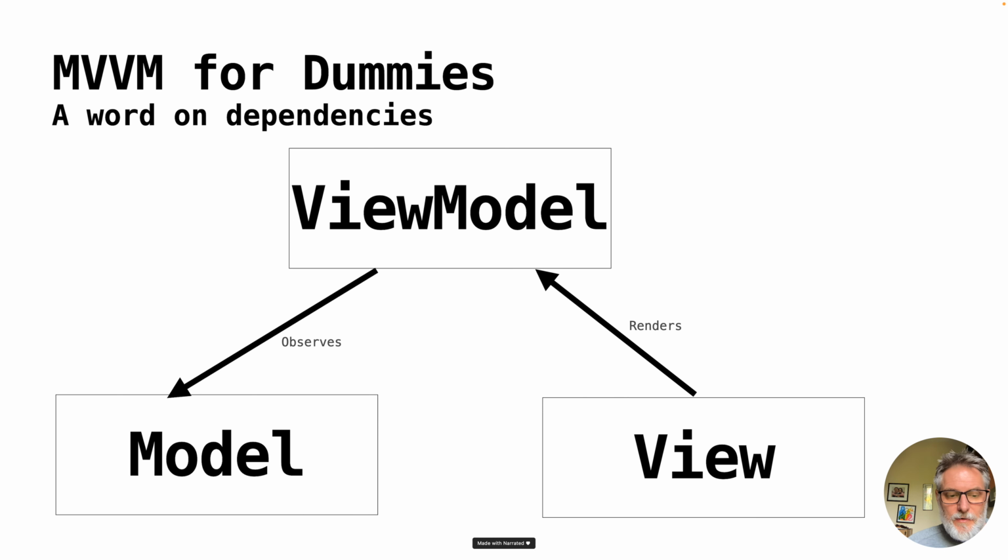So the view model observes the model, but is also able to update the model. When you create these things, you're going to create a connection between the view model and the model. But it's the view model that knows how to connect to the model, not the other way around, because the model needs to be, again, pure and ignorant of any kind of view stuff.